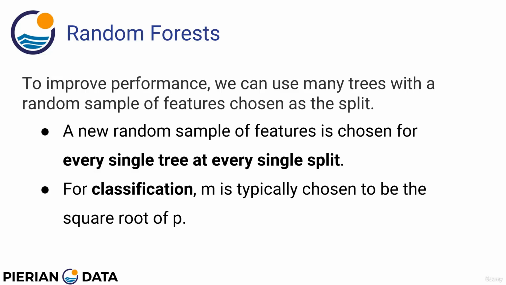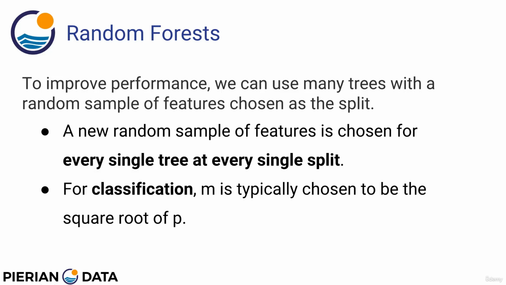What we do with a random forest is we create an ensemble of decision trees using bootstrapped samples of the training set. Bootstrapped samples of the training set just means sampling from the training set with replacement. However, when we're building each tree, each time a split is considered, a random sample of M features is chosen as a split candidate from the full set of P features.